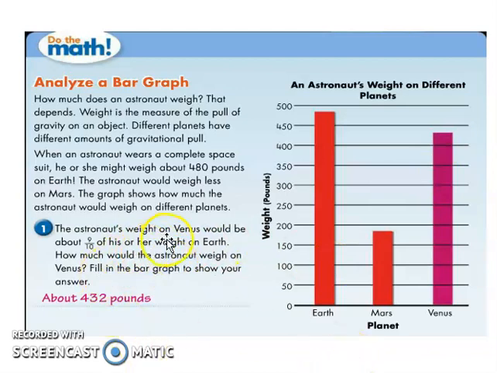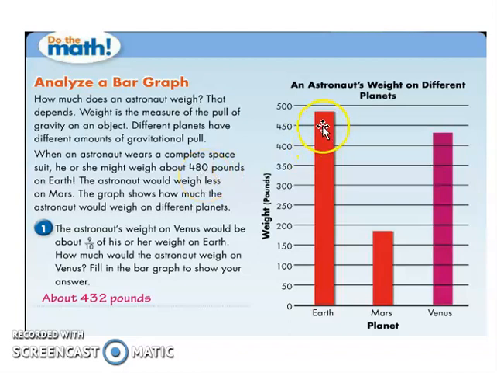Okay, so let's try to solve this one. The astronaut's weight on Venus would be about 9 over 10 of his or her weight on Earth. How much would be the astronaut's weight on Venus? We'll fill in the bar graph to show your answer. So it is 432 pounds. Why? Here it says that when the astronaut wears the complete spacesuit, he or she might weigh 480 pounds.